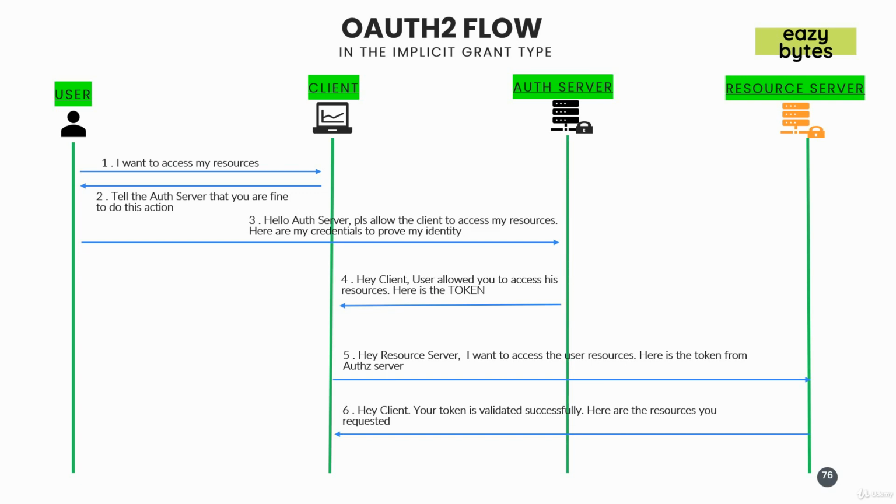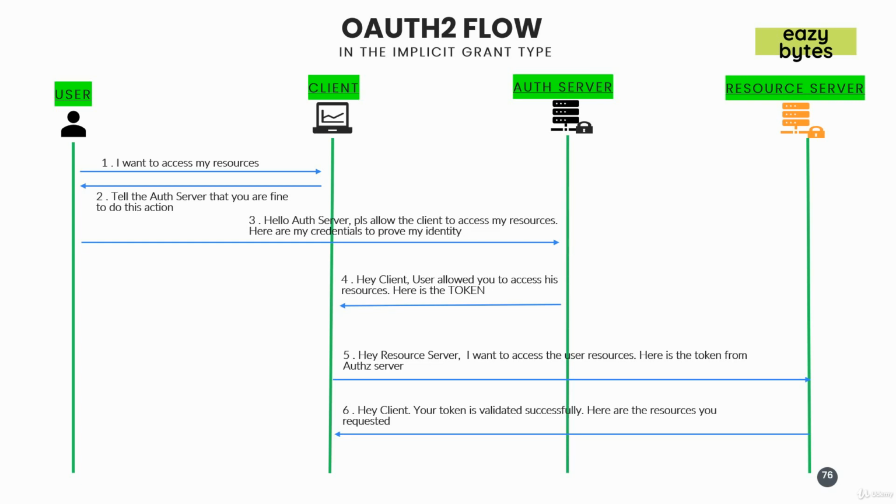At the very first step, as a user, as a resource owner, I'll go to the Stack Overflow website, which is a client, and I'll tell Stack Overflow I want to sign up or log in to your application so that I can use extra features that you are providing to me. Next, in step 2, the client will ask the user, okay, prove your identity to the auth server, and also tell the auth server that you are fine to share your basic resource details from its resource server, post your identity proving.